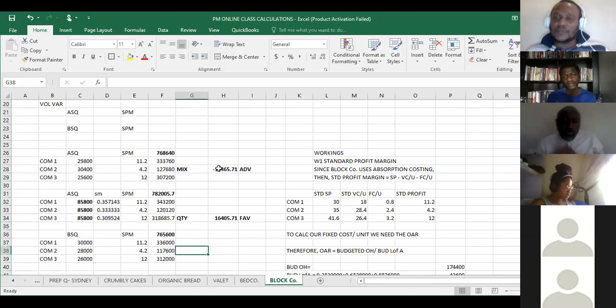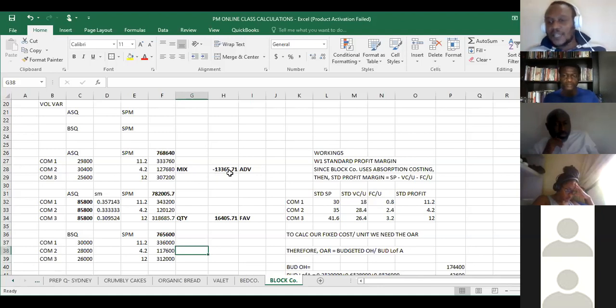So let's look for the sales price variance now. Add this one to the third one, and then we'll make our comments. It's easy to talk about the fact that your mix variance is adverse, showing that you sold more of the less expensive one and less of the more profitable one.